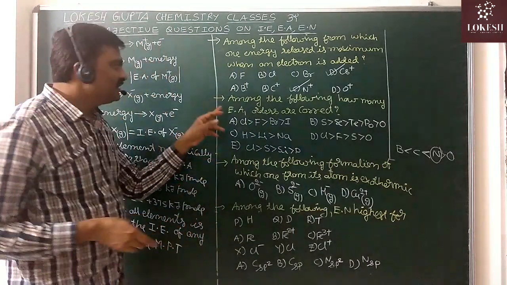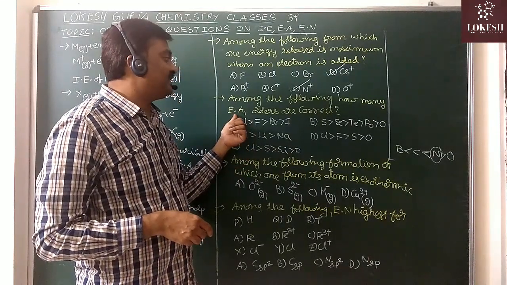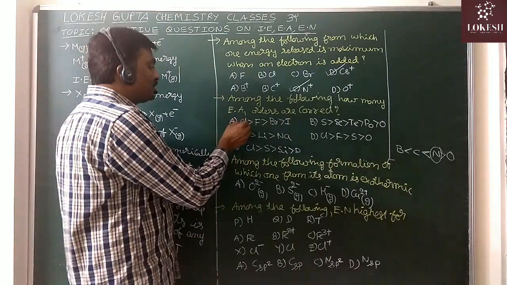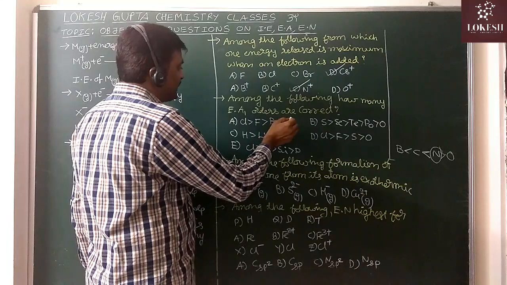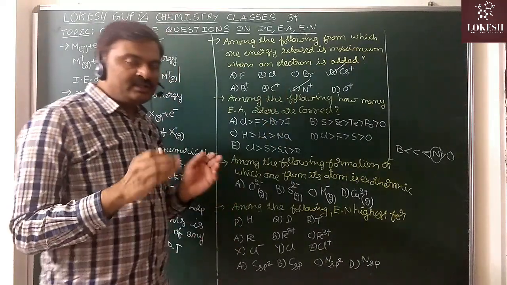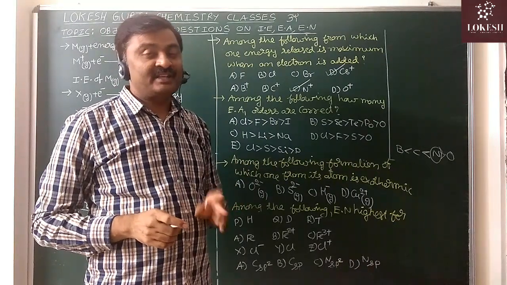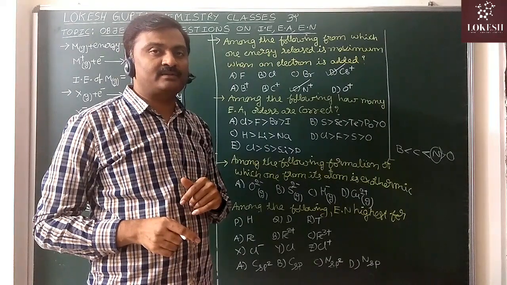Next. Among the following, how many first electron affinity orders are correct? See, 7th A group: chlorine greater than fluorine greater than bromine greater than iodine. See, in the S and P blocks, except in 1A group, electron affinity of the first element is less than that of the second element.